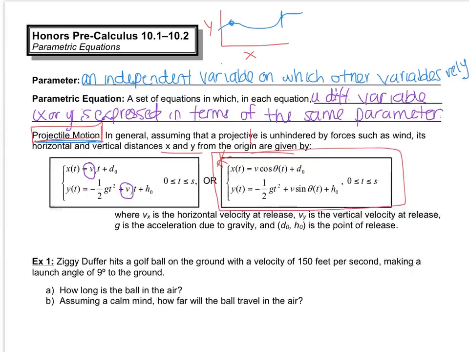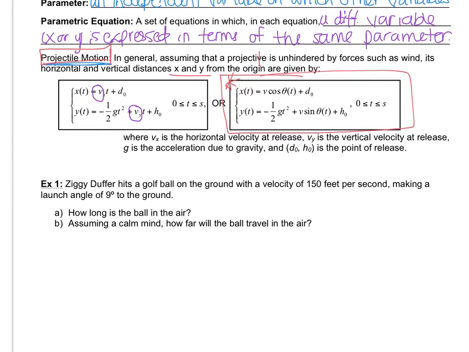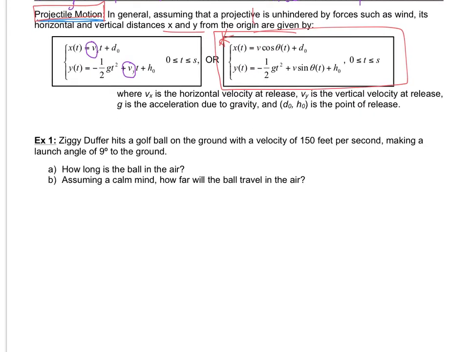All right, so Ziggy Duffer hits a golf ball on the ground with a velocity of 150 feet per second. So we've got a golfer standing on the ground. His ball starts here. He hits the ball at 150 feet per second, making a launch angle of 9% to the ground.